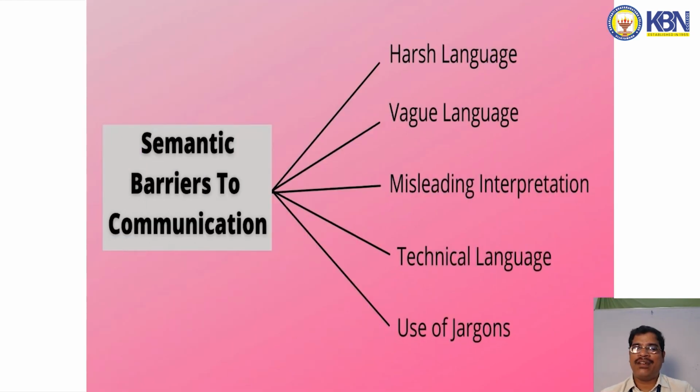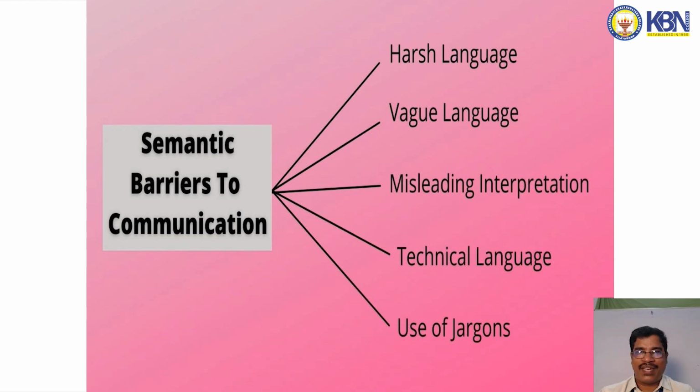And language related barriers, or semantic barriers, to communication. If we use harsh language, it may not help us to understand clearly, and if we use vague language, sometimes we use words that may not match the ongoing situation. That is one of the greatest semantic barriers.